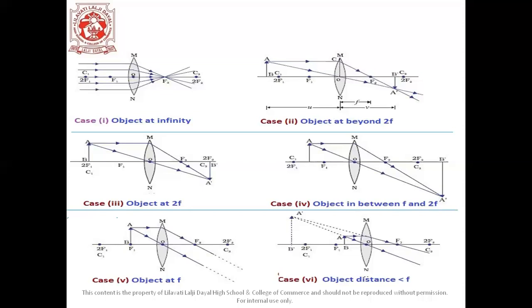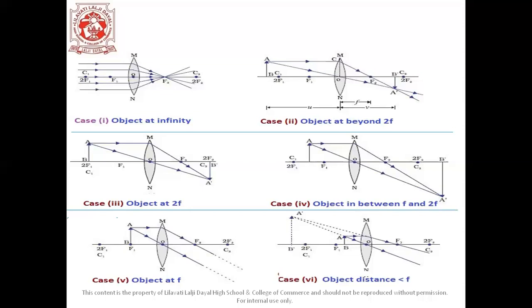Fourth case, students, if the object is between F and 2F, here you can see in the diagram that the position of the image is beyond 2F2. The next one, students, if the object is at F, that is at the focus, here you can see the position of the image is at infinity.